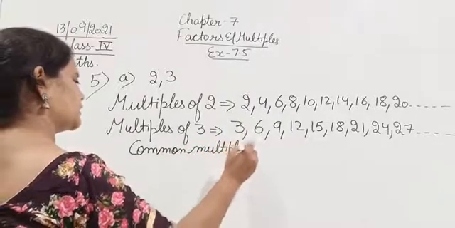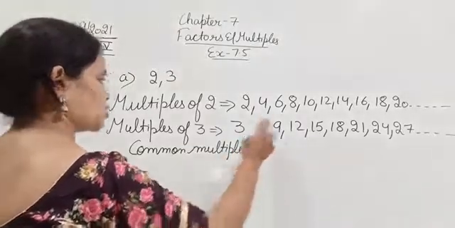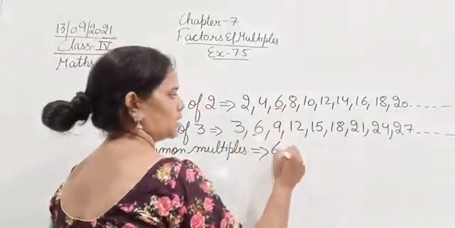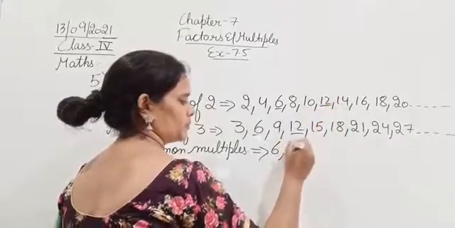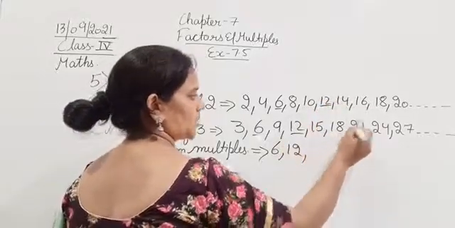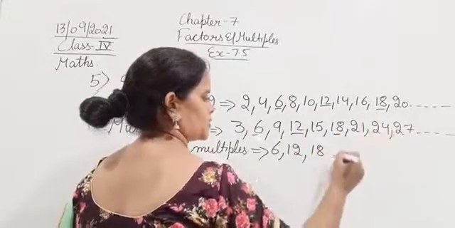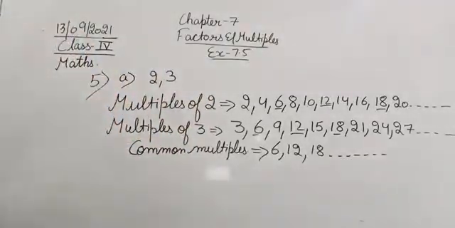The common multiples of 2 and 3 are 6, then 12, next 18, and so on. So these are some common multiples, not all, some common multiples of 2 and 3.